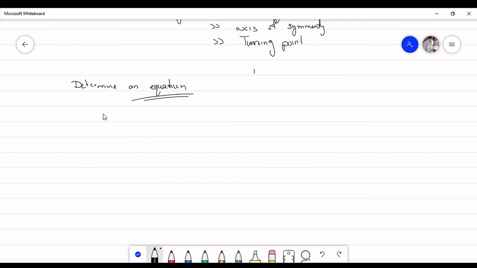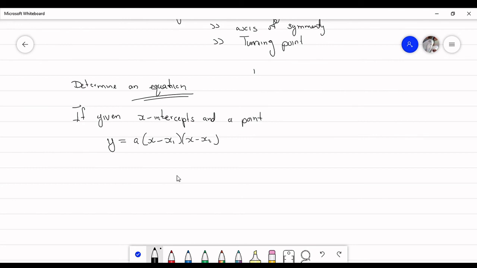Let's say you are given x intercepts and a point, you need to use the formula that says y is equal to a open bracket x minus x1 close bracket, open bracket x minus x2 close bracket.